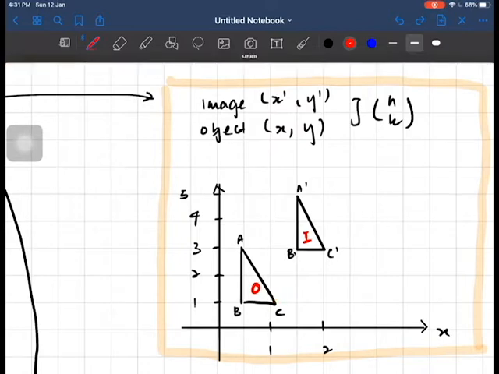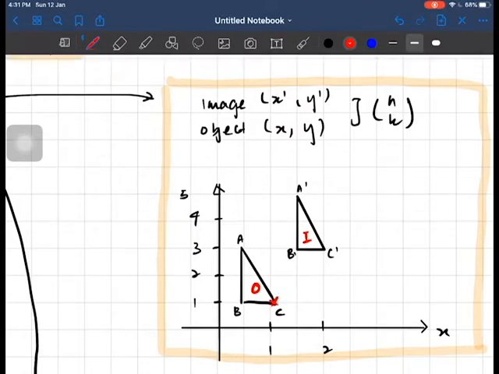I'll just pick a point, and here's the same point, right? So move to the right 2, move up 2. So I will write this as (2, 2). For checking purposes, I can use this point and it would be the same, right?